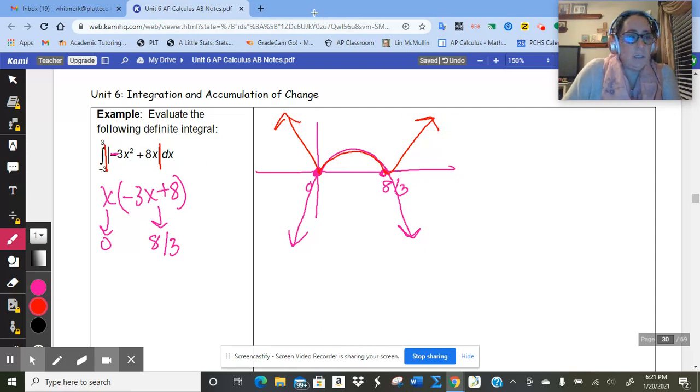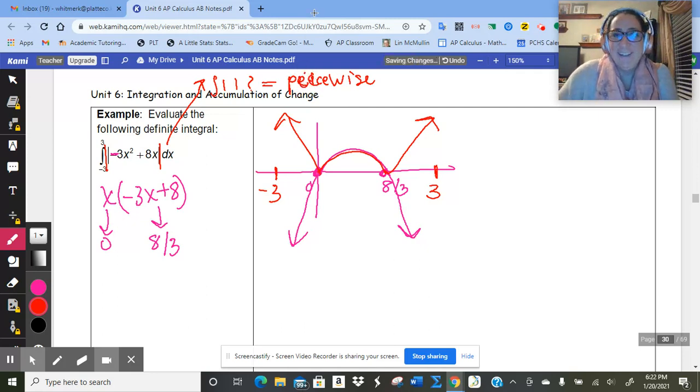So if I was going to go from negative 3 to 3, then I'm going to have to separate into 3 different pieces because I do not know how to integrate absolute values. I need to make it kind of a piecewise. Okay, so we are going to integrate first from negative 3 to 0.